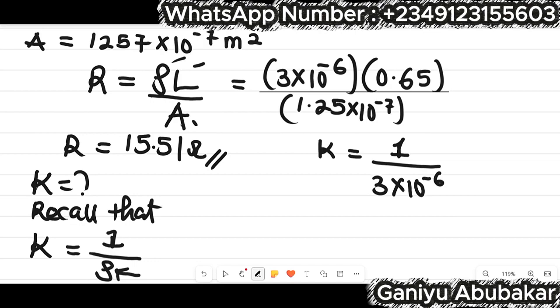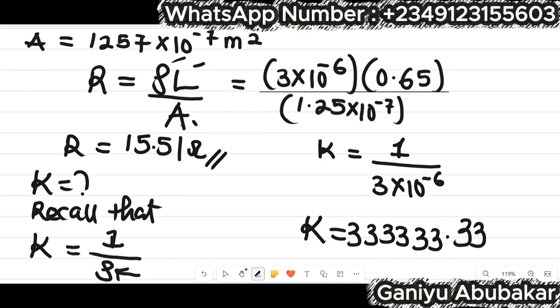This gives you that conductivity K is equal to 1.23456 per ohm meter, that is ohm meter to the power minus 1. This is the value for conductivity, just in case you have to find it. This is how you find conductivity. Should we proceed to the next question?